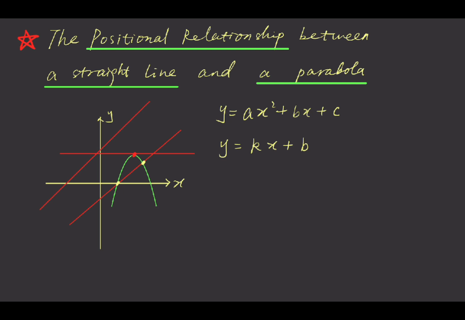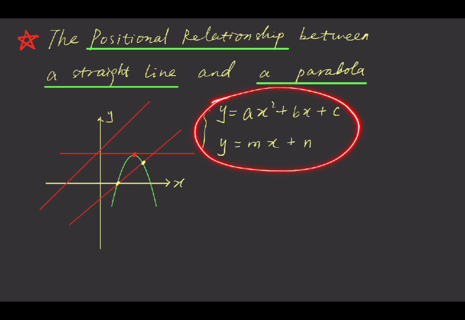Of course, in order that we cannot mix with this b, we use y equals mx plus n to represent the straight line. So, if we want to figure out the positional relationship between the straight line and the parabola, we can construct the system of equations. That is to say, this expression represents the parabola, this expression represents the straight line.